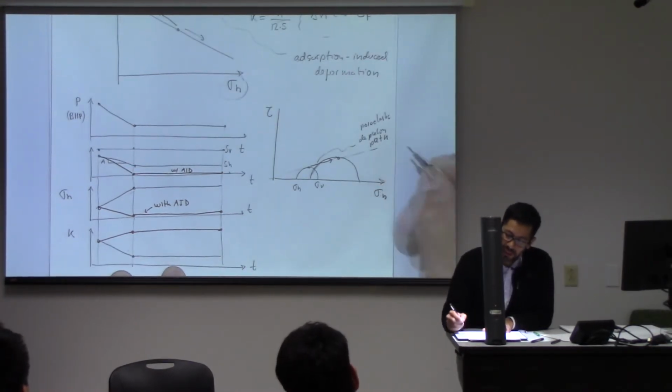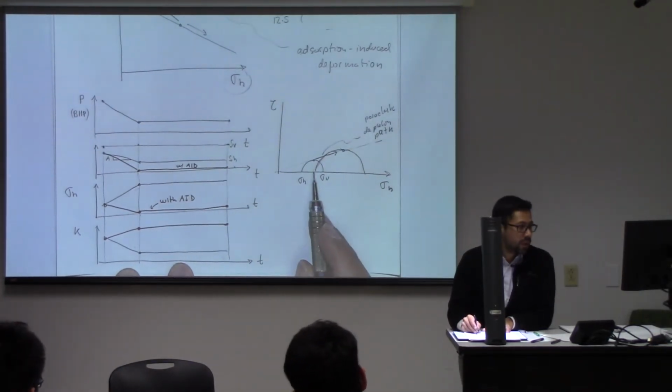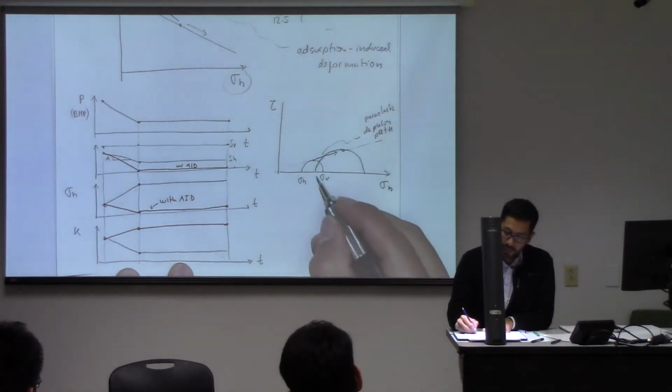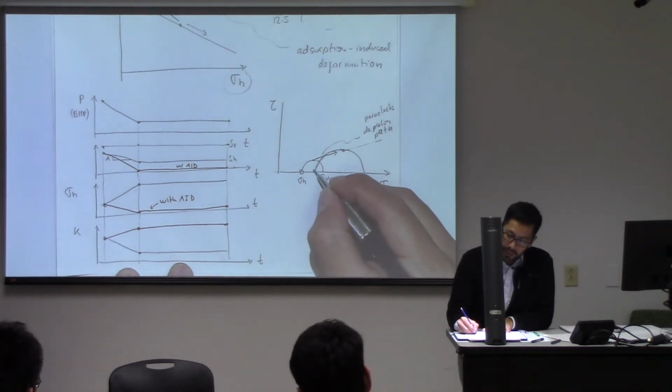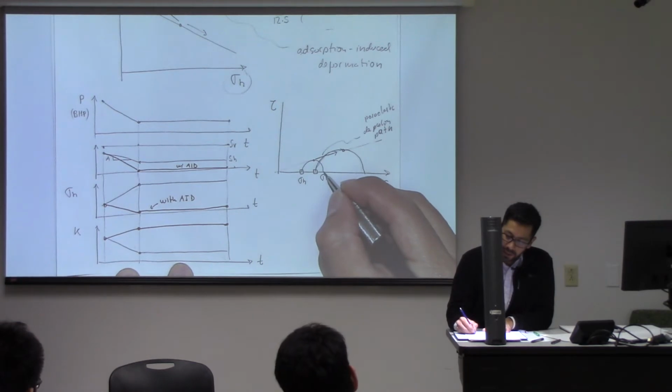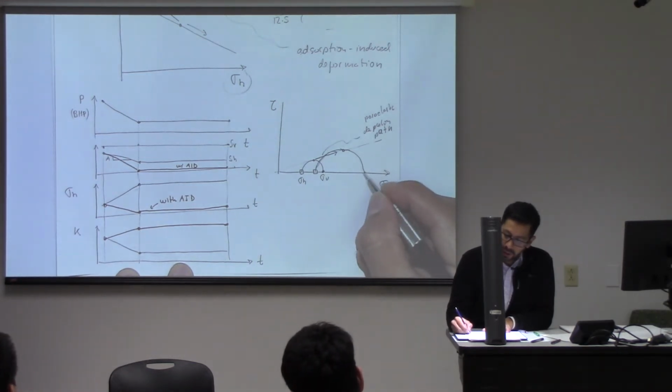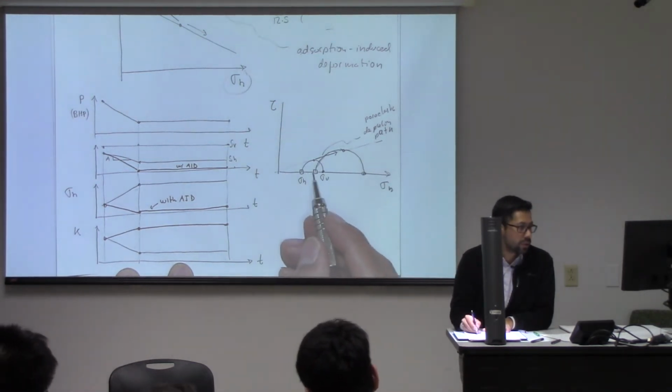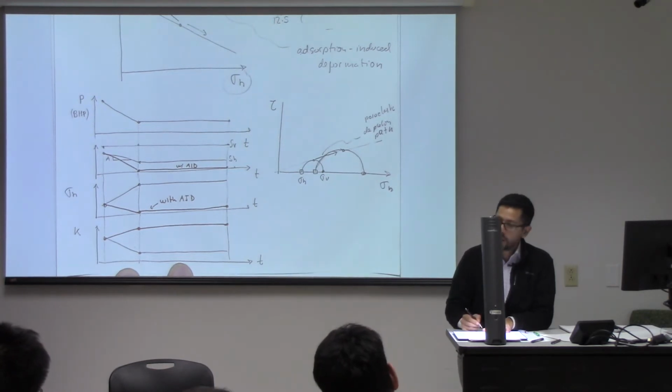So here we can see very clearly that both the horizontal stress and the vertical stress, they both increase, right? So this one goes to there, this one goes to there.